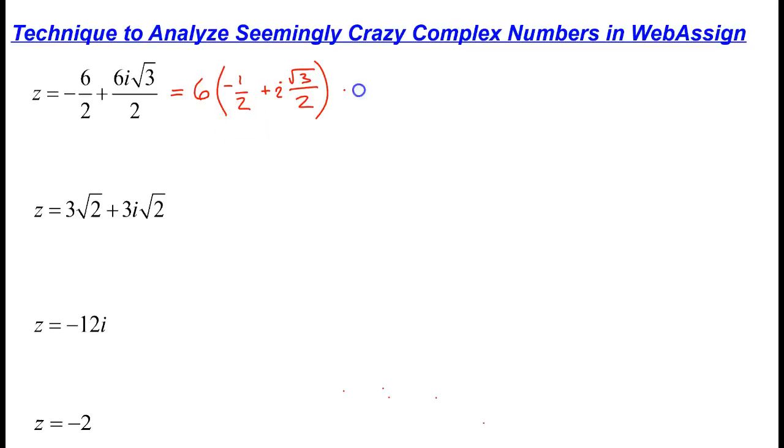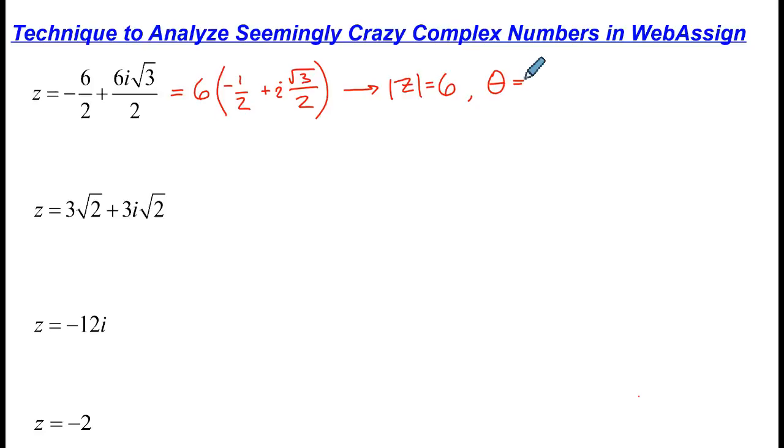So from that I can make the following statements. The modulus of z is equal to 6. Why 6? Because it's this multiplier of 6 times a unit circle of 1. That would give me a radius of 6. Now what about the angle? What about the argument, theta?